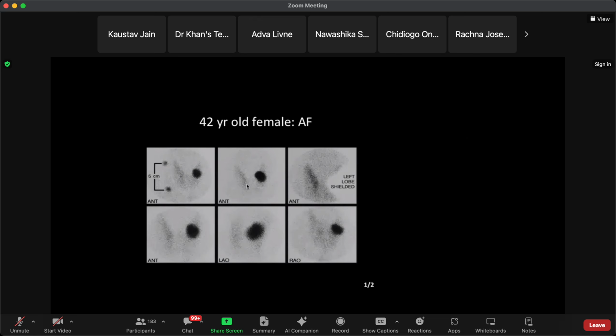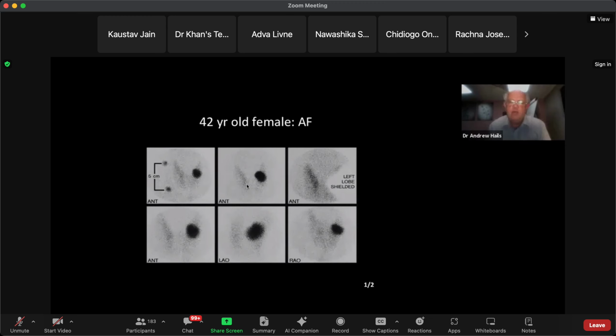So could that one nodule be suppressing the rest of the gland, so there's not as much relative uptake in the rest of it? Yes, that's quite right. That's really what this is designed to show. And we've got the markers here showing it's basically a normal sized gland, 5 centimetres, but there's very little uptake except in this toxic nodule.